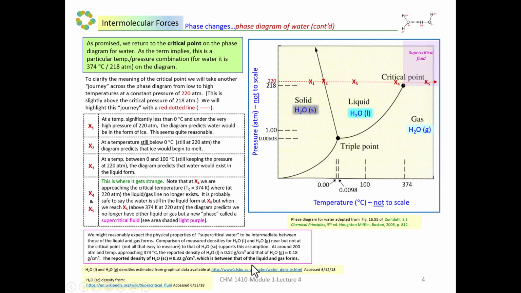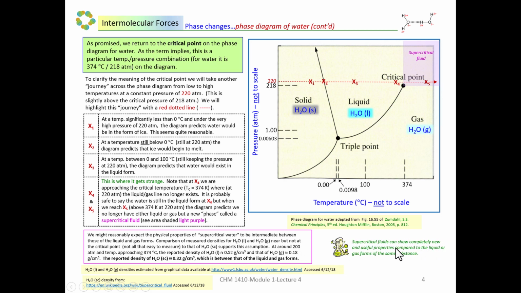you'd find that the reported density of liquid water is 0.52 grams per cubic centimeter. That of gaseous water is 0.18 grams per cubic centimeter. This makes sense. Gas less dense than the liquid. The reported density of H2O(SC), that means supercritical water, interestingly, is 0.32 grams per cubic centimeter, which is pretty much between the density of liquid water and gaseous water.